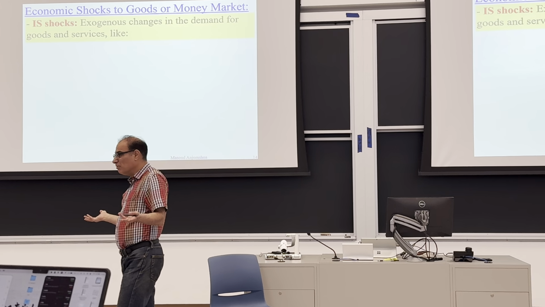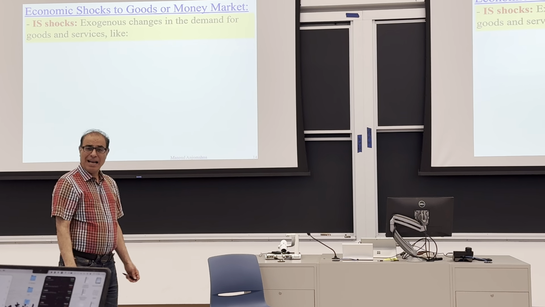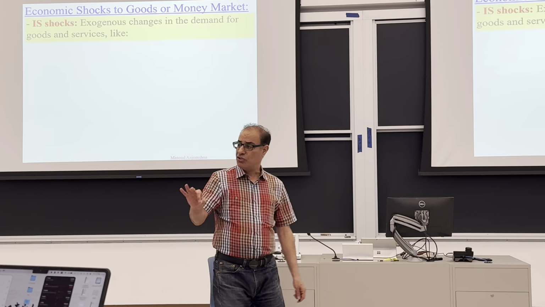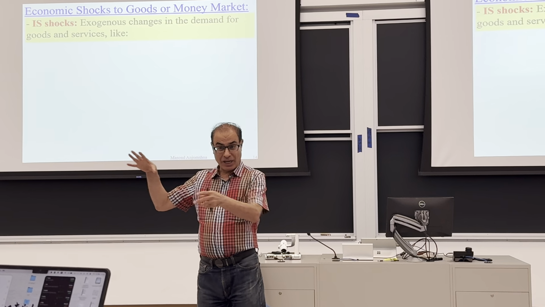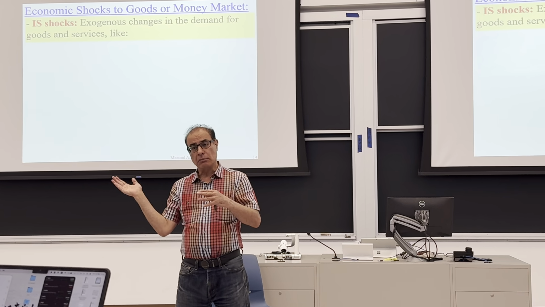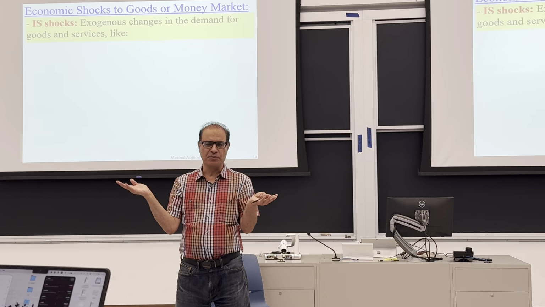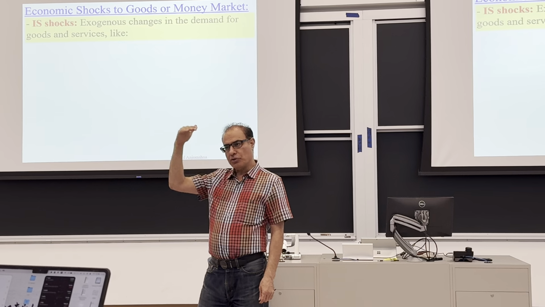You see, you have only these four possibilities. That's why I always ask people, please don't get overwhelmed by the story. Translate the story to IS right or left, or LM up or down.